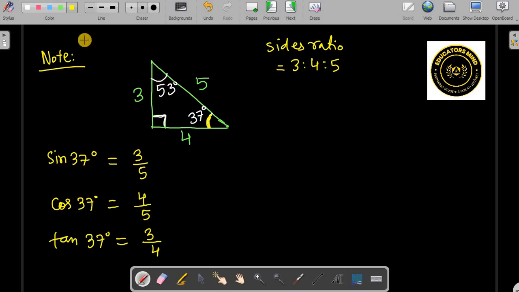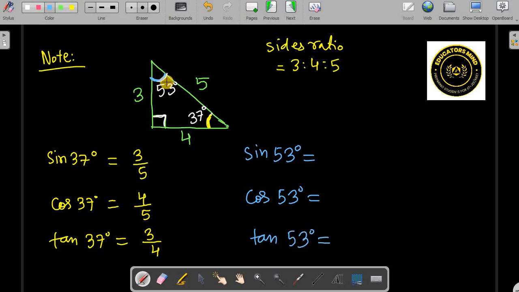Similarly, if you take 53 degree as this angle, then you can write sine 53 degree, cos 53 degree, tan 53 degree, everything. So sine of 53 degree will be 4 by 5, opposite of 53 is 4. Then cos 53 degree will be 3 by 5, and tan will be 4 by 3. So like that we can know about these angles. 37 and 53 degrees are standard angles also, because in many calculations you will be seeing them.